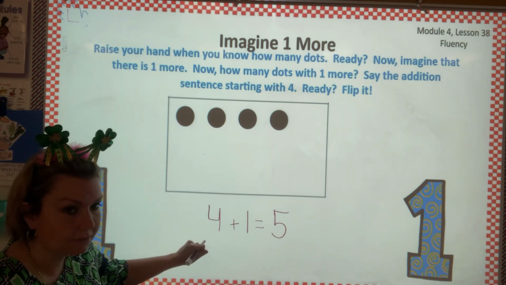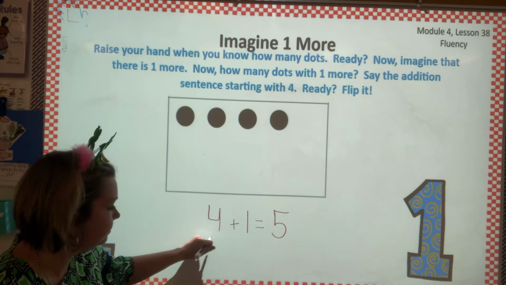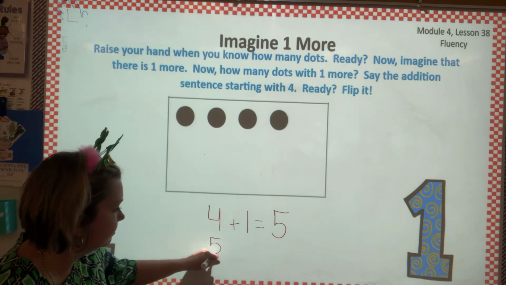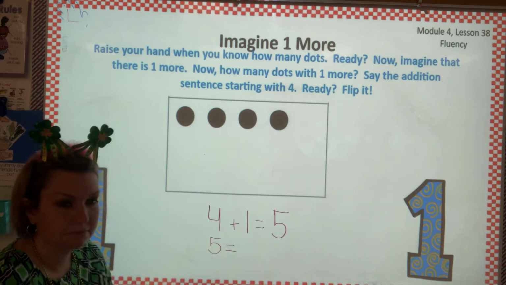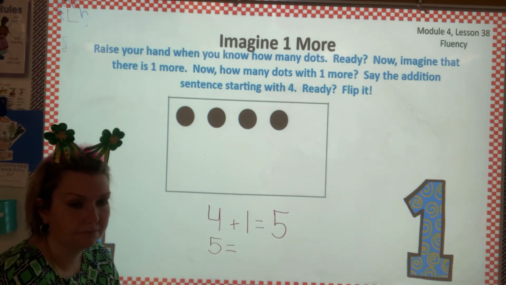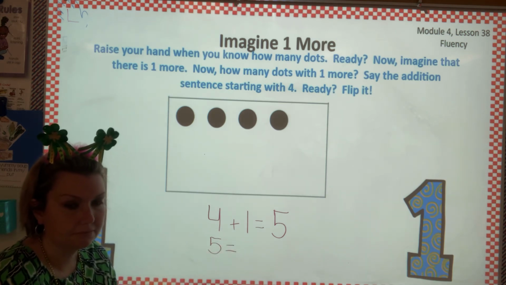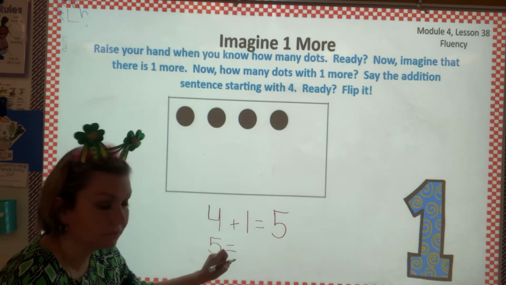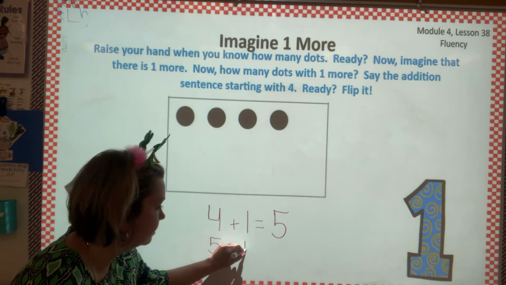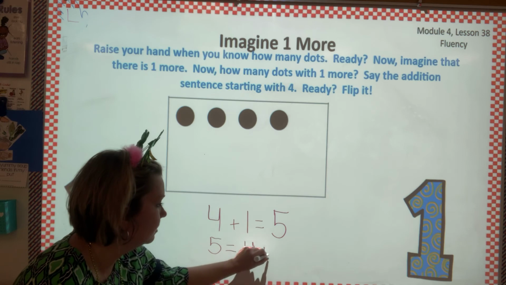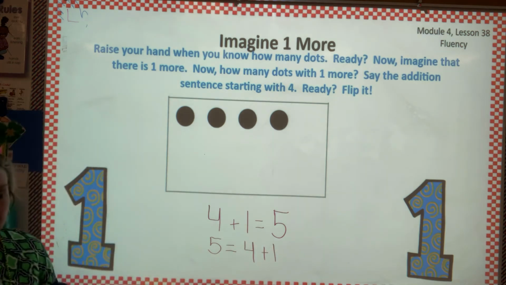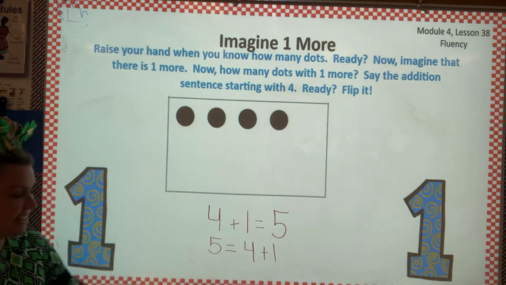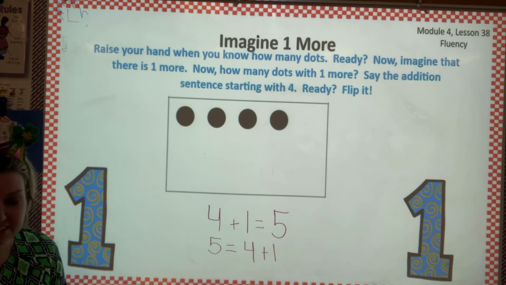The flipped addition is 5 equals 1 plus 4. Excellent. Very good.